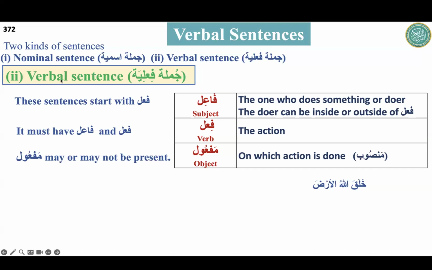Verbal sentence. Okay, a verbal sentence will start with a verb. How many parts can a verbal sentence have? It has two parts, fa'il and fi'l, and there is maf'ul also. It may or may not be there. Okay, thank you.